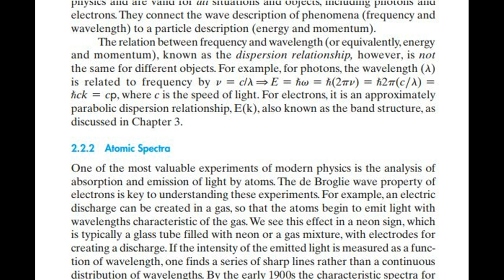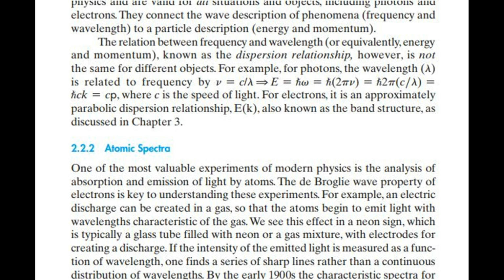For example, for photons, the wavelength, λ, is related to frequency by λ = c/ν, where c is the speed of light. For electrons, it is an approximately parabolic dispersion relationship, E(k), also known as the band structure, as discussed in Chapter 3.